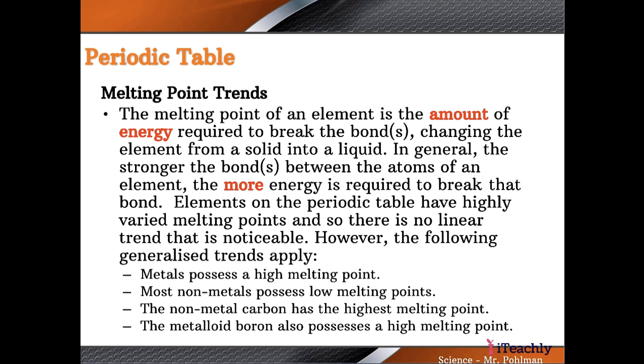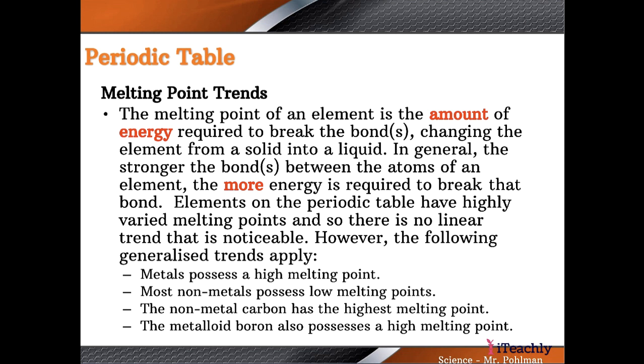What we do say is that metals have high melting points. So anything in terms of a trend would be related to the left-hand side of that stair step. It's going to have relatively high melting points. And then the nonmetals on the right-hand side are going to have relatively low melting points.